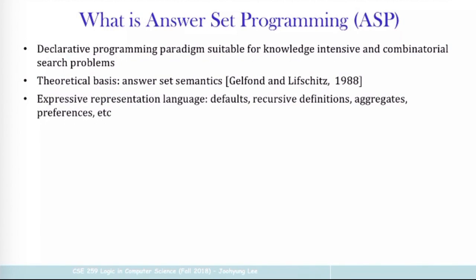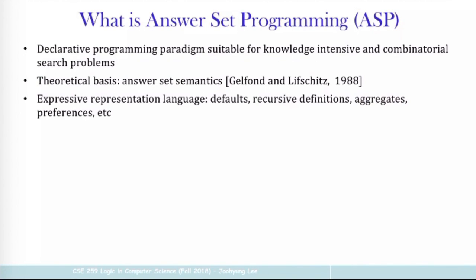Okay? So one of the methods in declarative programming is called answer set programming. And this actually has a very rich history and a lot of things done. But for this class, we will just look at some initial basics of this programming method. Okay. So we are going to use it for some computer science related subjects that we are going to learn. This is a declarative programming paradigm.